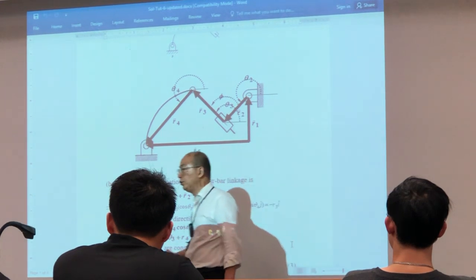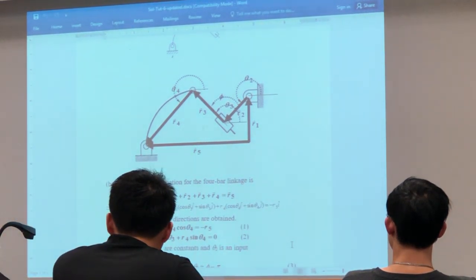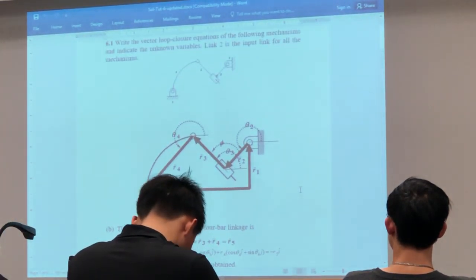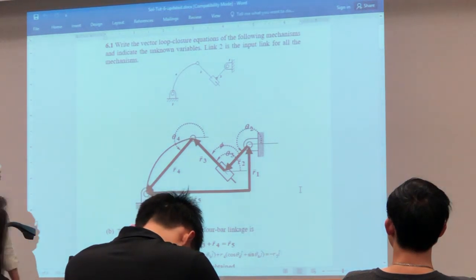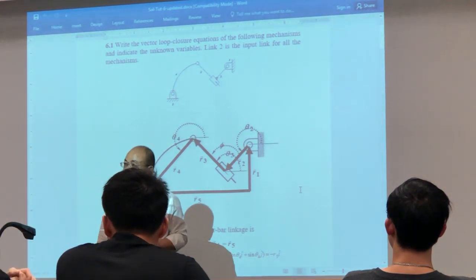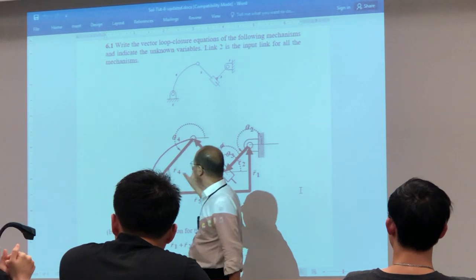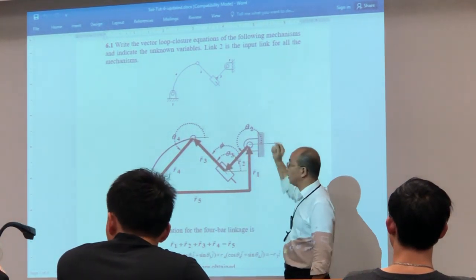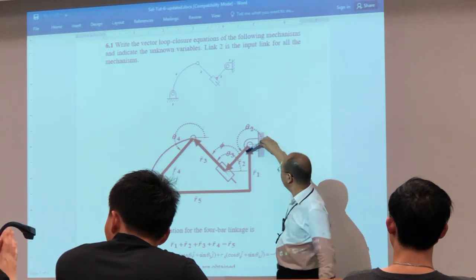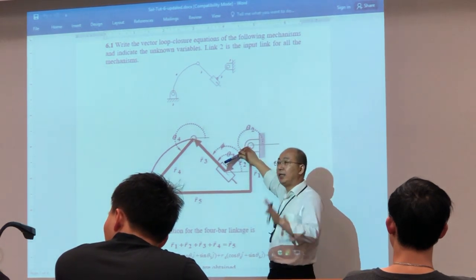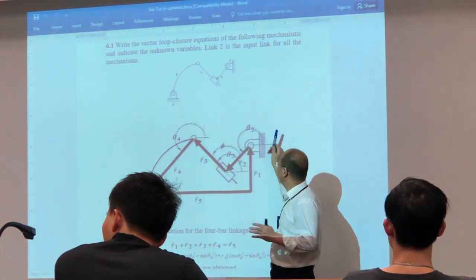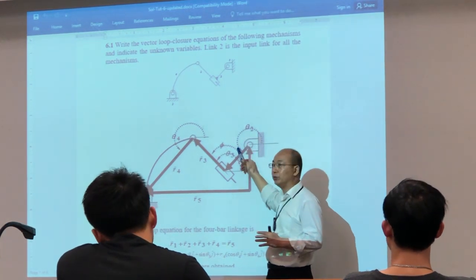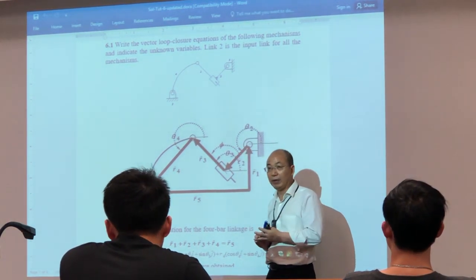Okay? So if you look at the question here, basically the question tells you link 2 is the input link, right? Correct. When you have a mechanism, you always have an input link. If link 2 is an input link, that is this link 2, that means this orientation angle theta 2 is supposed to be given to you, correct?